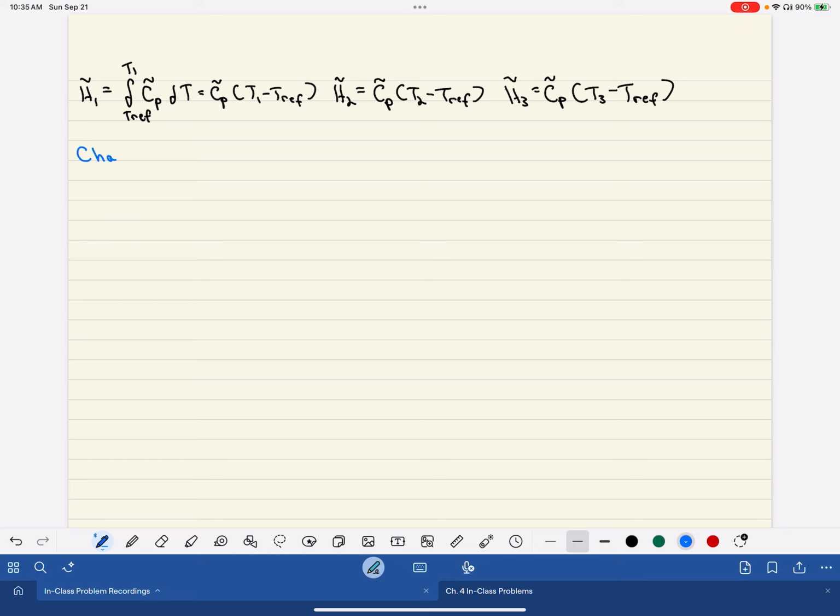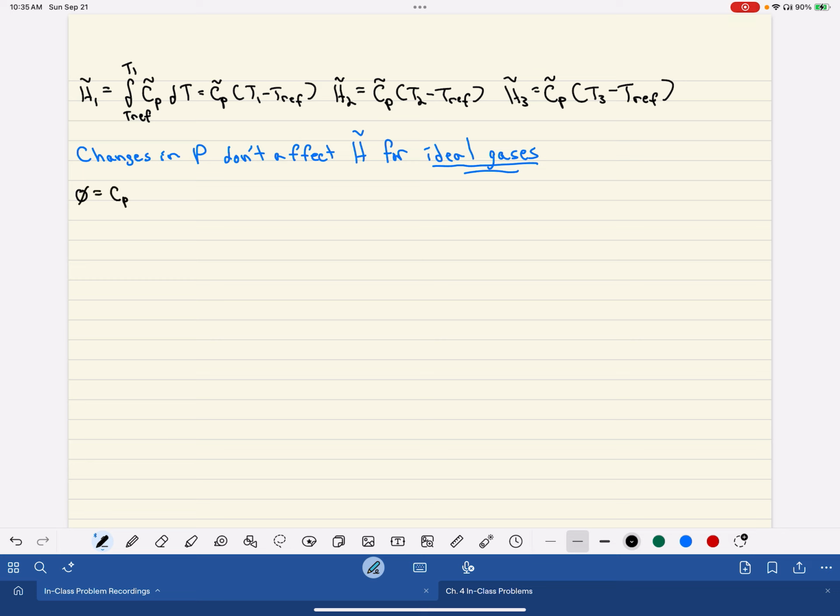So I just want to emphasize here, changes in P don't affect the enthalpy for ideal gases. This is specifically for ideal gases. As you'll see when we get into chapter 6, when you're dealing with a non-ideal gas, pressure can play an important role.